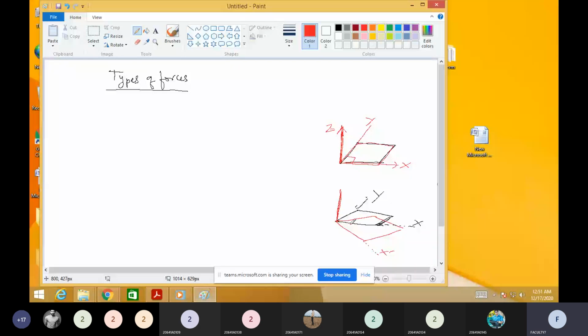Now where is y dash? This particular point is y dash. I had moved in another direction. So what is the angle? This is the angle between x and x dash. This is theta. I had rotated in this direction.